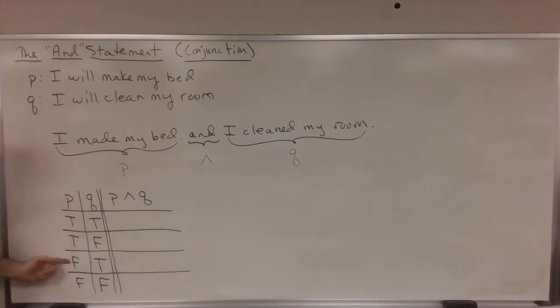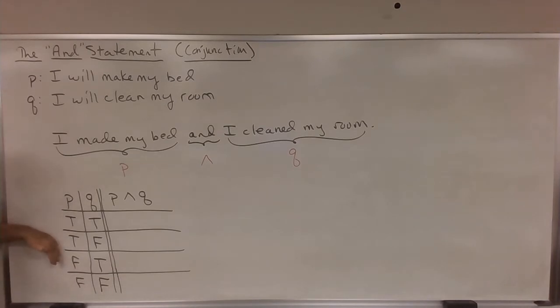These four rows give all possible combinations of truth values for P and Q exactly once. P and Q can both be true. P and Q can both be false. Or maybe P is true and Q is false. Or maybe P is false and Q is true.